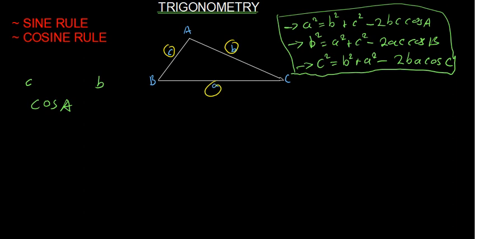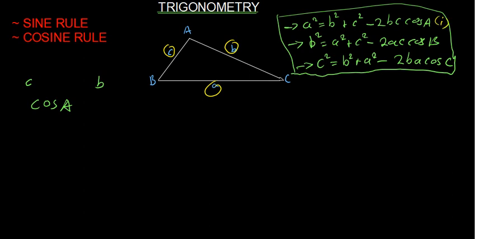Then let's say they want you to find any of these angles. Remember, when you have such a setup, you can find either angle B, A, or C. It's just a matter of making the angle that you're looking for the subject of the formula. So we'll pick one here and make it the subject of the formula. I'll pick the first one.